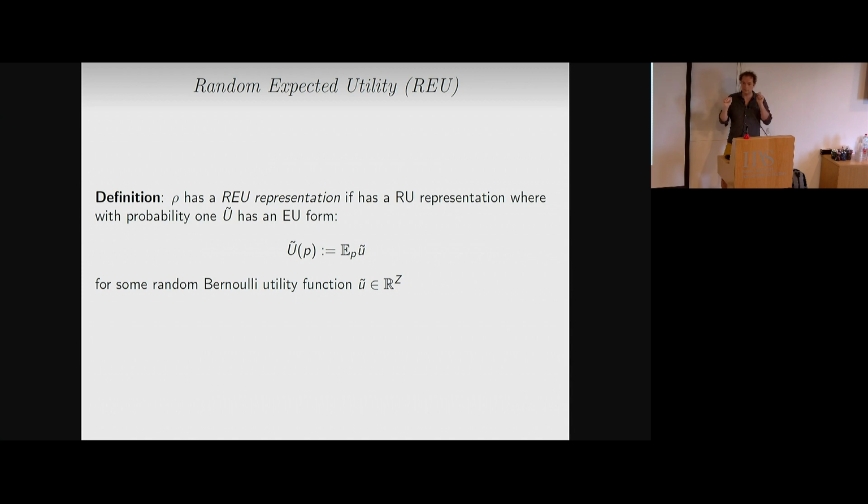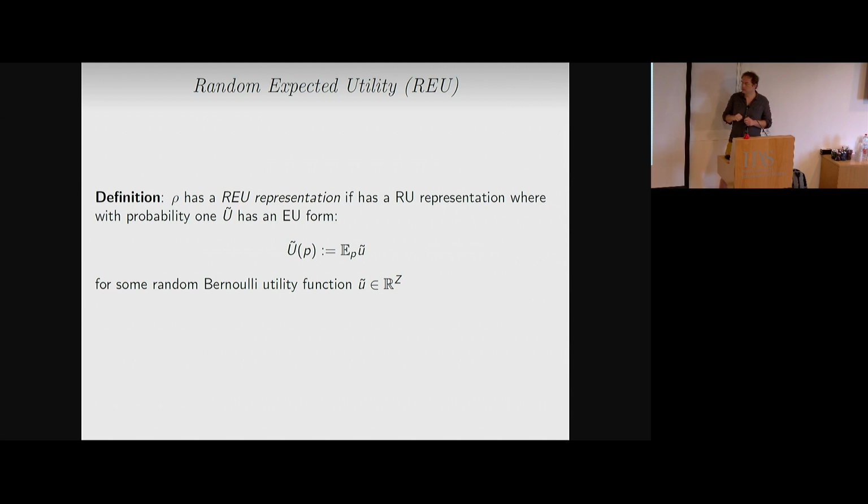You fix some prize, and you say all of the Bernoulli utilities have to assign utility 0 to that prize. That's one normalization. Then make another normalization that all of the Bernoulli utility functions have to sum up to 1.